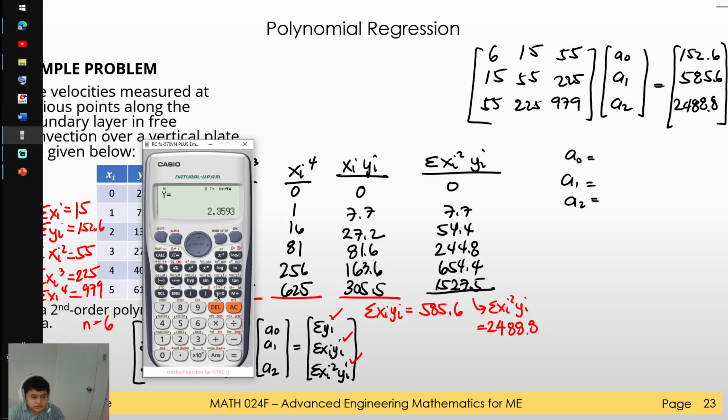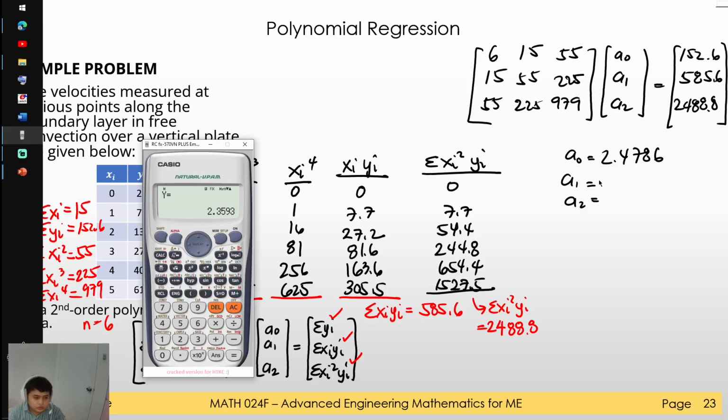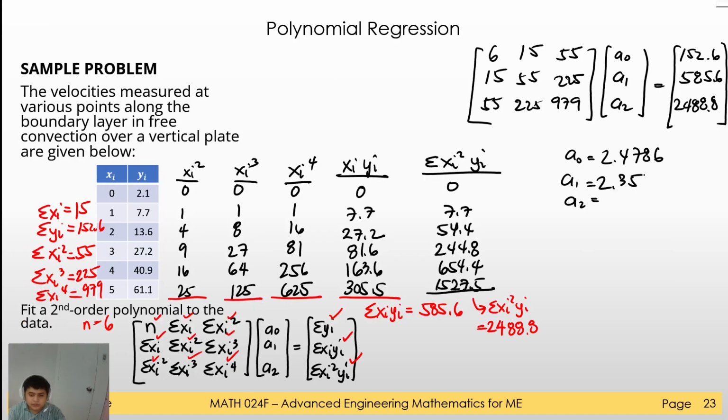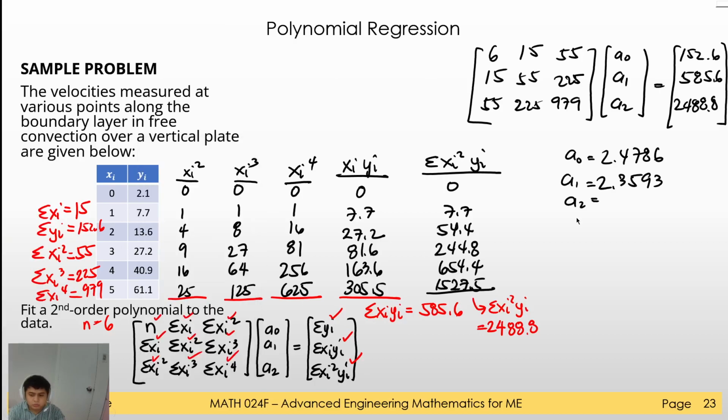So the answer should be 2.4786, then 2.3593, and the last one will be 1.8607.